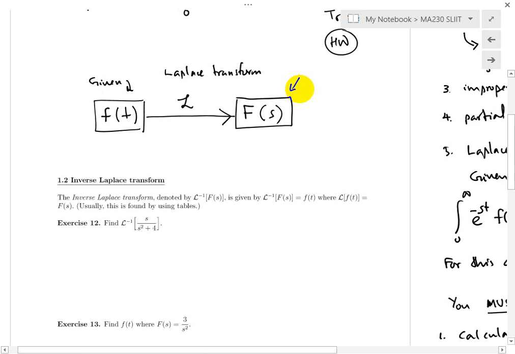So if you are in the frequency domain, with this function F of s, and if you want to go this way, this is called the inverse Laplace transform.